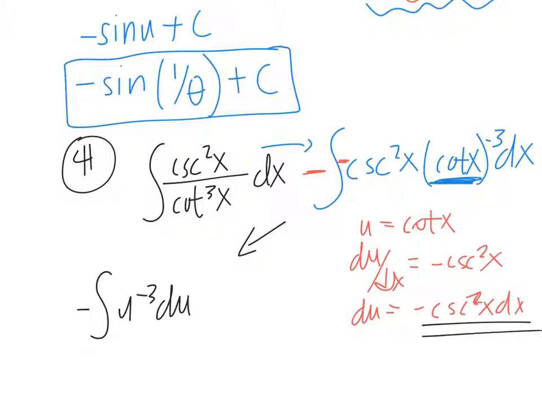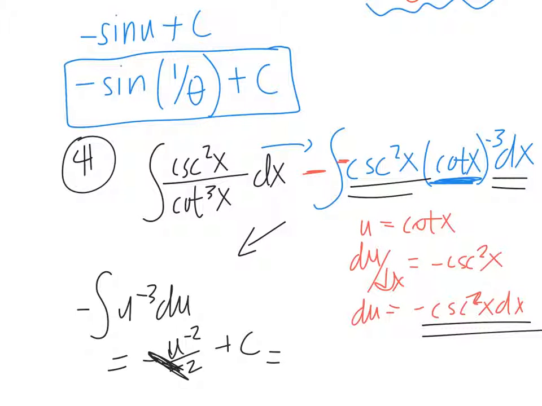So replace all of that with a du. And if I do power rule, it's going to add 1: u to the negative 2 over negative 2 plus c. The negative and the negative will cancel out here, and so I'm just going to end up with cotangent to the negative 2 plus c.